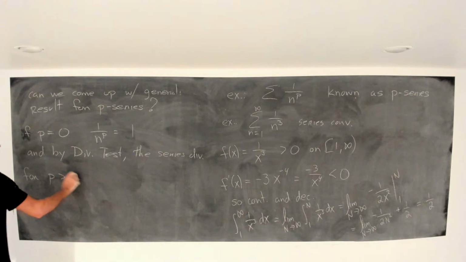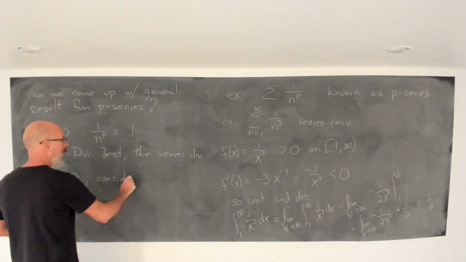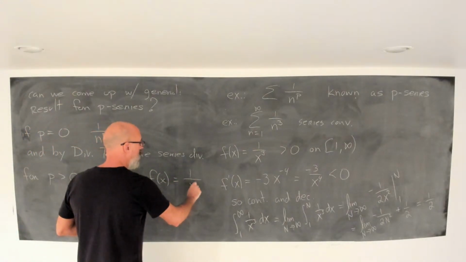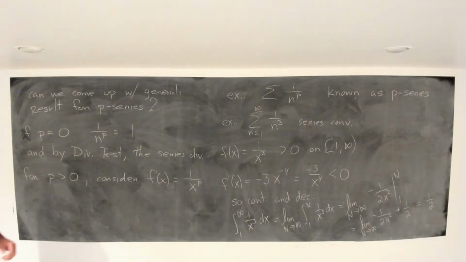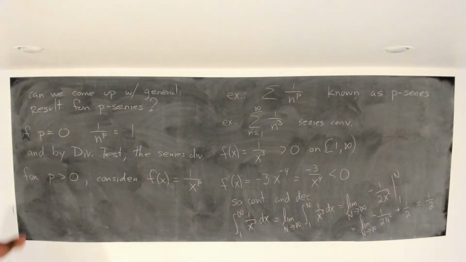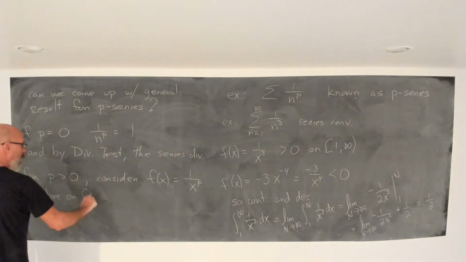For p bigger than 0, consider the function 1 over x to the p. This is a positive function on the interval 1 to infinity.